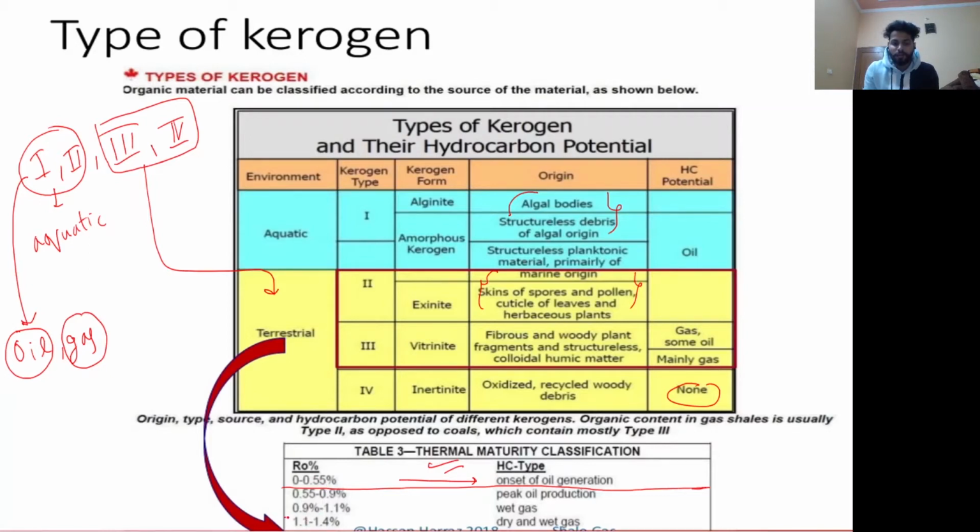From 0.55% to 1.1%, we have oil and gas in the kerogen. Whereas from 1.1 to 1.4% vitrinite reflectance, we have mainly dry gas. There won't be any oil. And beyond that, if you have a vitrinite reflectance of more than 1.5%, there won't be any hydrocarbon content present in the kerogen.